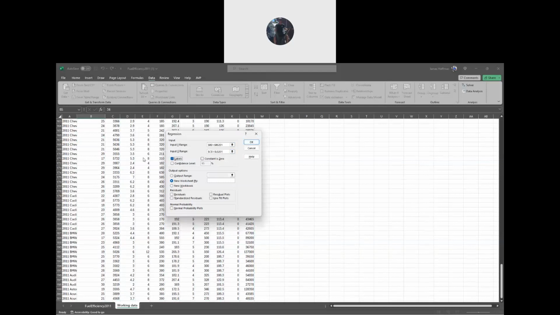And then labels. So the first round is Y range is B1 to B201, and X range is C1 to L201, and labels are checked. And hit OK.